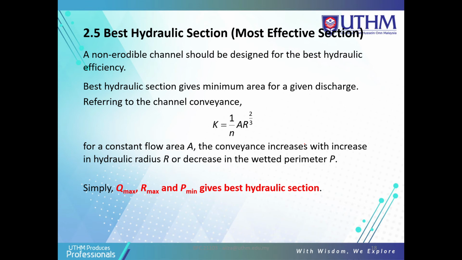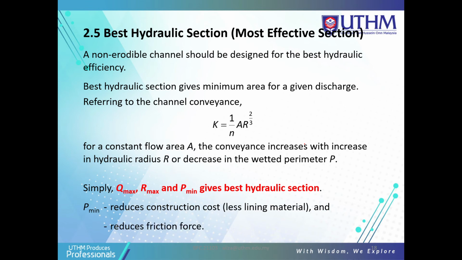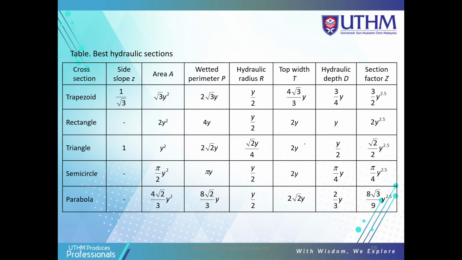So you use these equations: Q max, R max and P minimum are for the best hydraulic section. P minimum reduces construction cost, requires less lining material and reduces friction force. This table is given, to find the best hydraulic section. The other table that we used in topic 1, to find Y and Y naught, is also given.